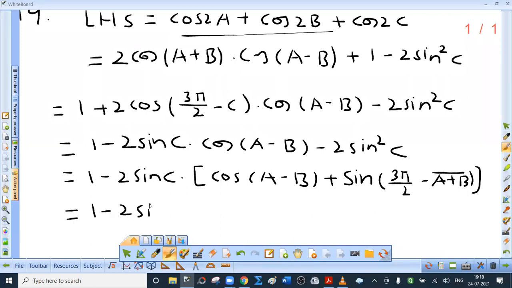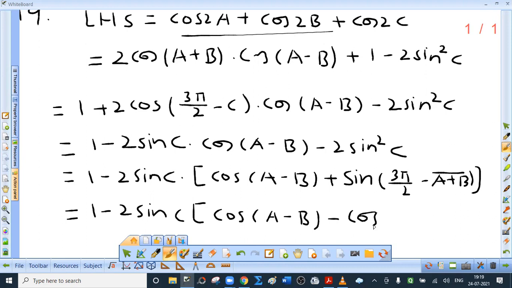So 1 minus 2 sin C, this is cos of A minus B into what? Cos of A minus B as it is.